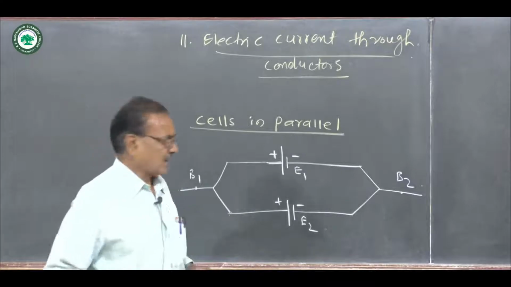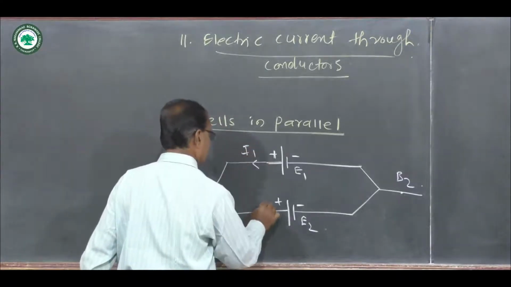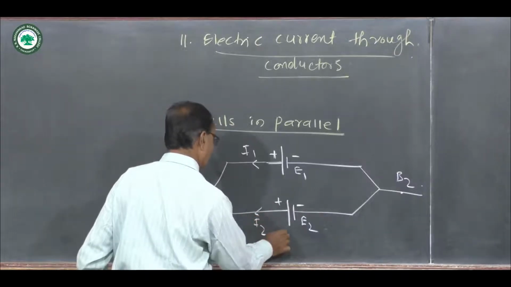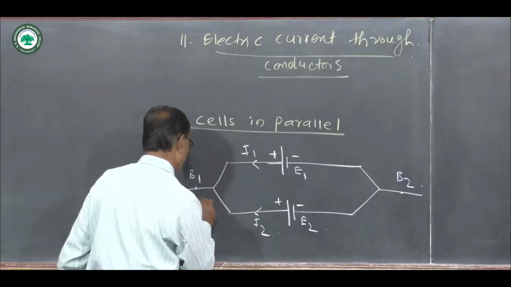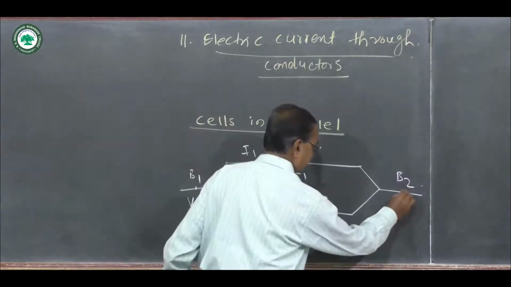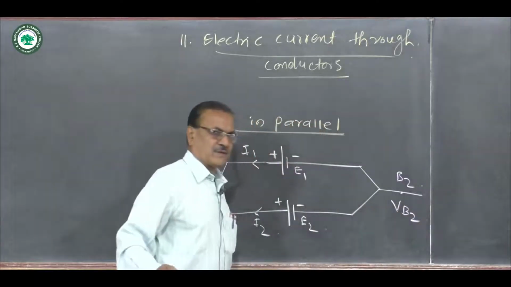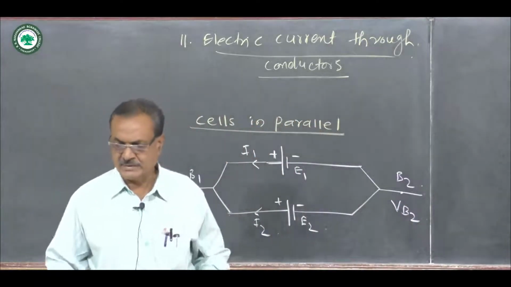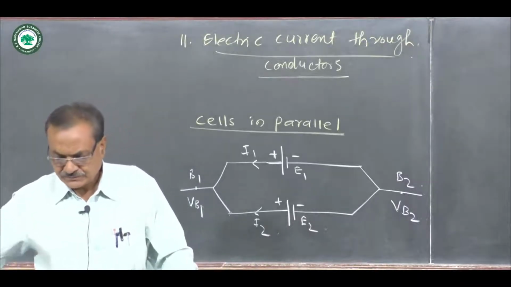The current flowing through the first cell is I1, through the second cell I2, and the potentials at these two points are Vb1 and Vb2 respectively.